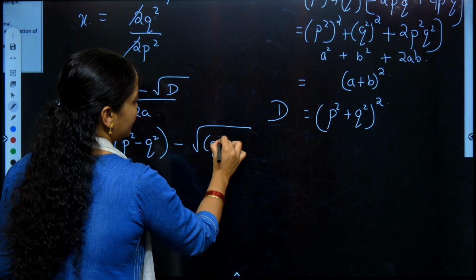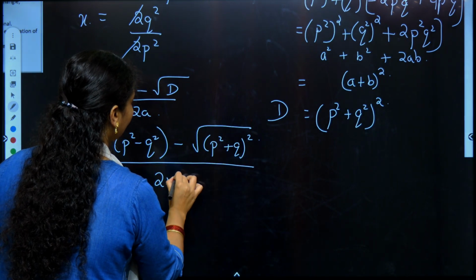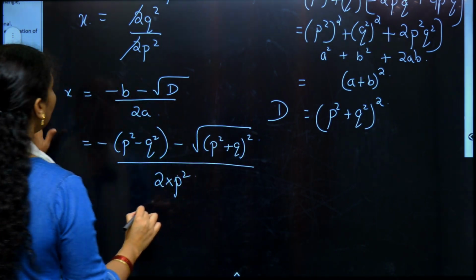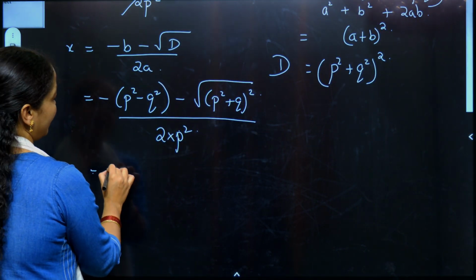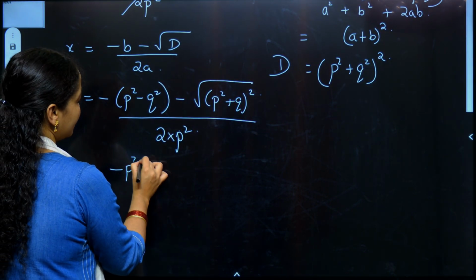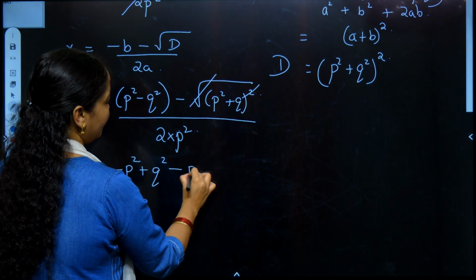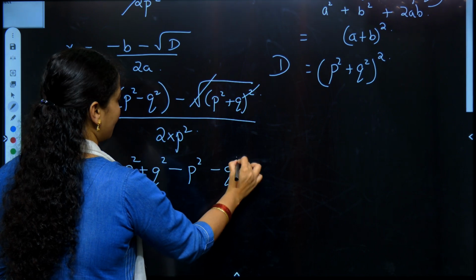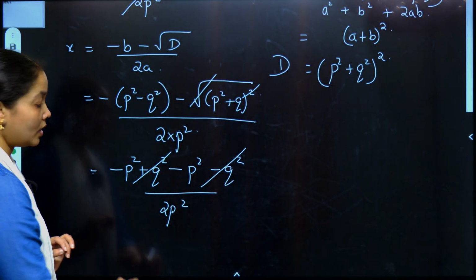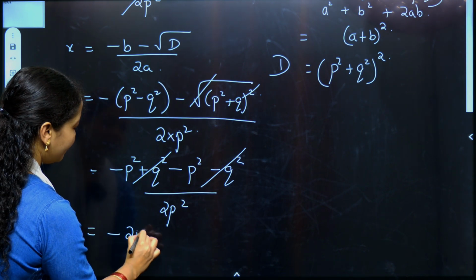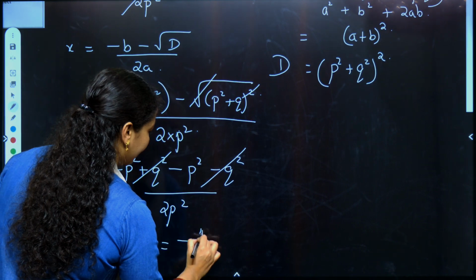Root of p square plus q square the whole square, divided by 2 into p square again. 2p square is my a. Therefore, when I open up the bracket, negative p square, positive q square, root and squares are gone, negative p square and negative q square divided by 2p square. So here positive and negatives are gone. I will have negative 2p square divided by 2p square. So my answer is negative 1.